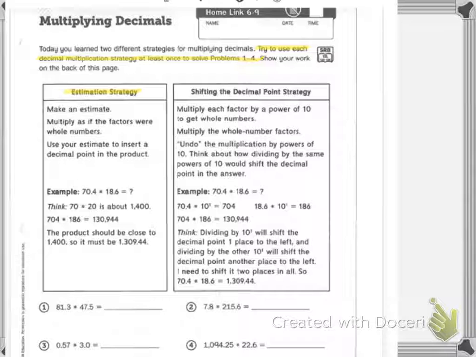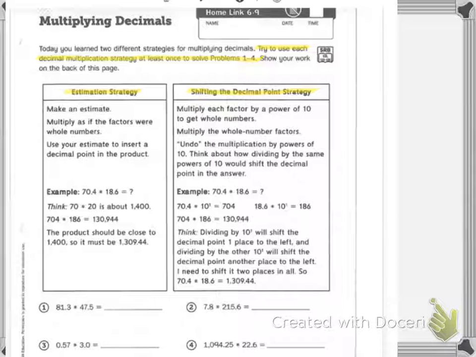Example, with the same numbers from the estimation strategy. 70 and 4/10 times 10 to the first equals 704. 18 and 6/10 times 10 to the first equals 186. So 704 times 186 equals 130,944.